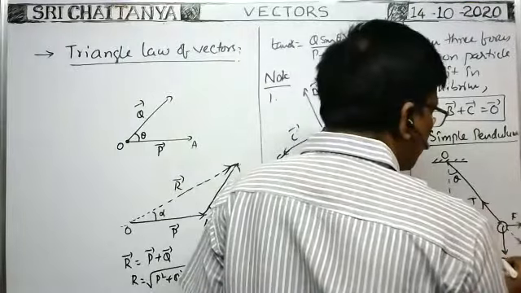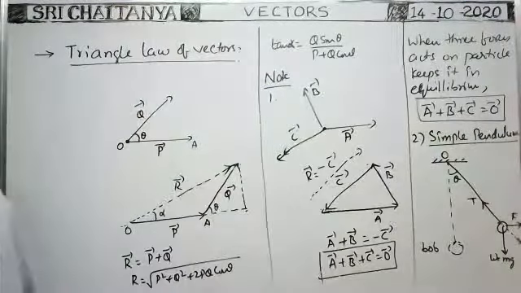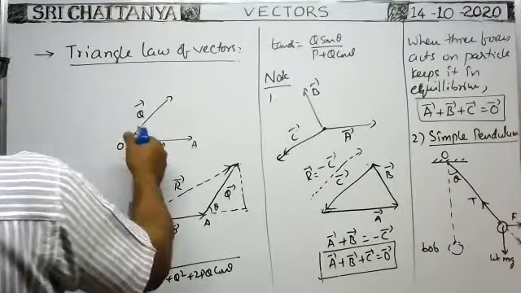Here W is the weight. So how can we write the relation among those three?